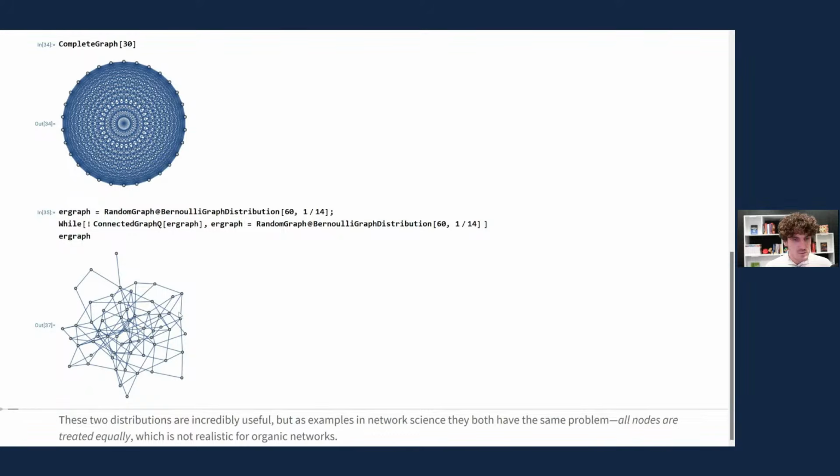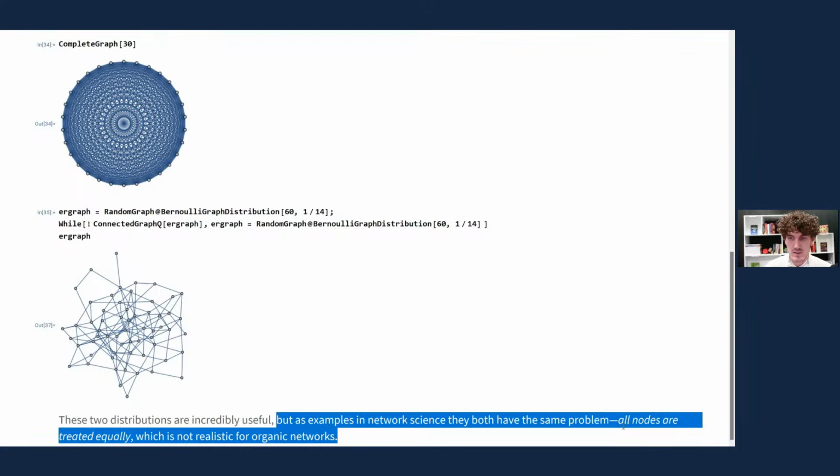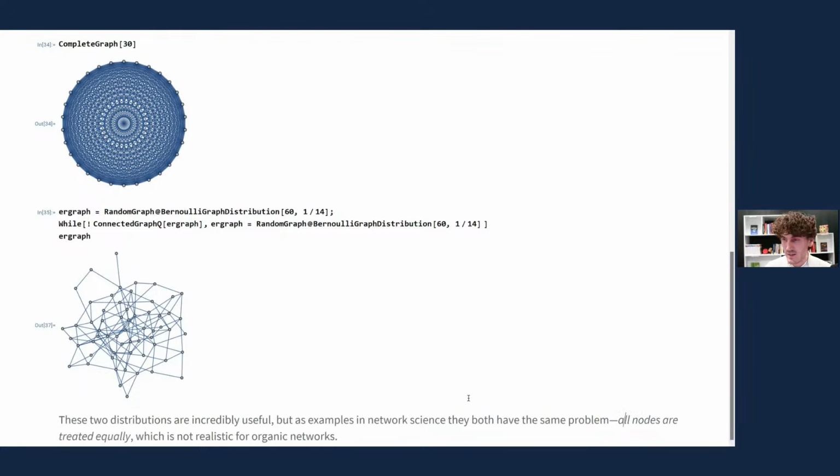So yes, these 2 distributions are incredibly useful, but when you're doing network science, there are other distributions that may be more applicable to real world problems. Okay. One problem that these 2 distributions have is that all nodes are treated equally, which is not necessarily appropriate for certain types of network analyses.